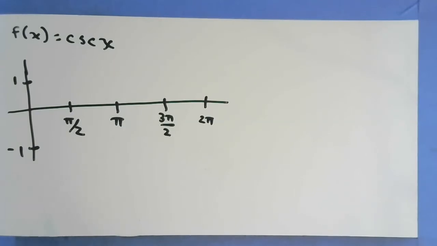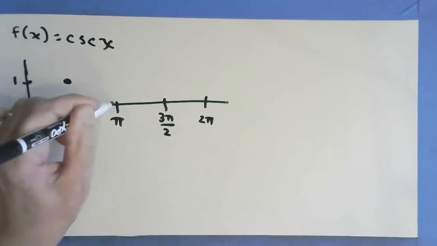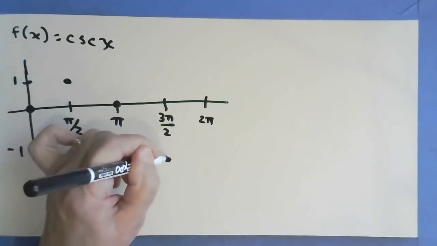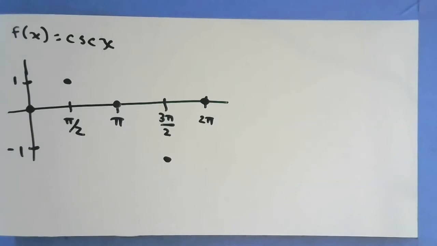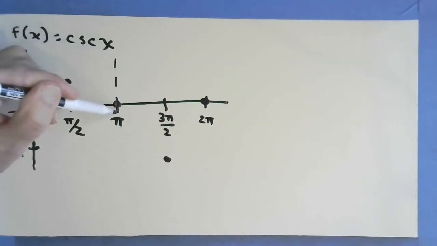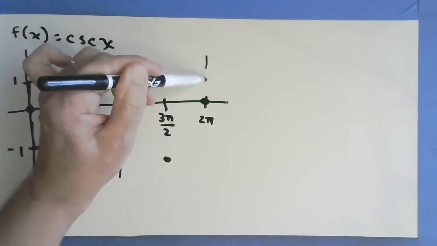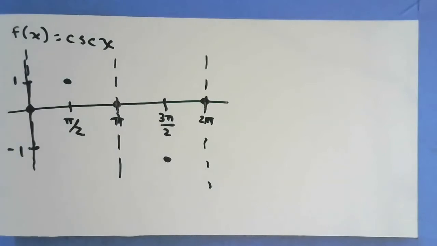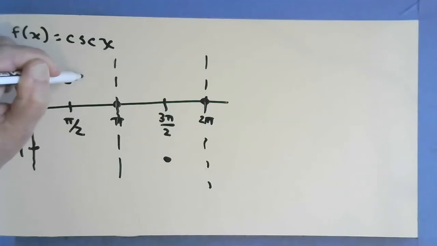Now first we recall what the 5 key points of sine are, which are 0, up, 0, down, and 0. And then we remember that cosecant is the reciprocal of sine. So really everywhere that there's a 0, we want to turn that into an asymptote. And then every part that's up stays up like this.